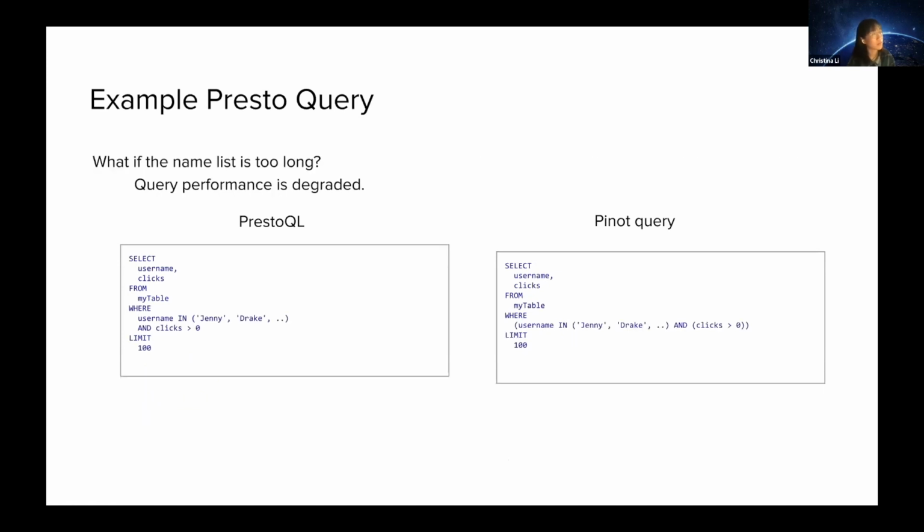The query works fine if we only have 20, 30, or less than 100 names. But think, what if we have thousands or tens of thousands of names here? The issue is the query performance will be degraded. There are two reasons. First, in Neutrino, the planning time will be high.